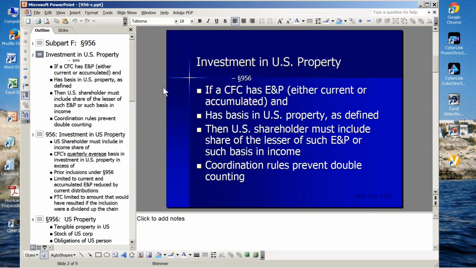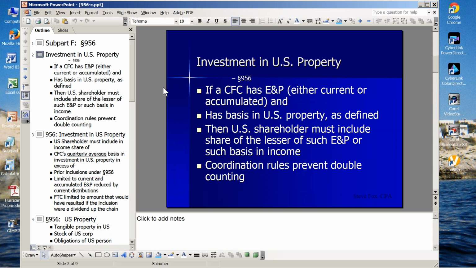Section 956 says if a controlled foreign corporation, or CFC, has earnings and profits, either current or accumulated, and has basis in U.S. property under a very limited definition, then the shareholder must include in his, her, or its income that shareholder's share of the lesser of the earnings and profits or the basis.